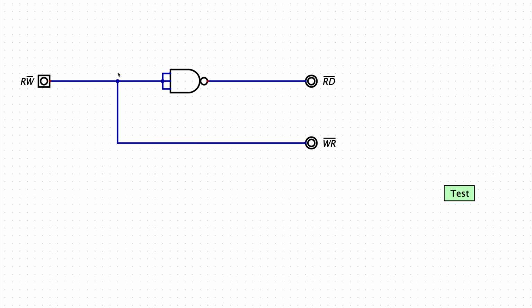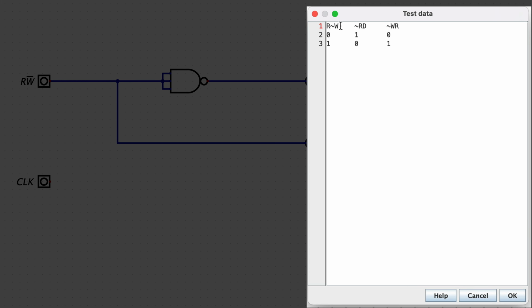We're going to need another signal, and that's going to be the clock. And if we update our test case to include the clock, it's going to go from 0 to 1. It's going to look like this. So when we are reading, we want read to be low and write to be 1.